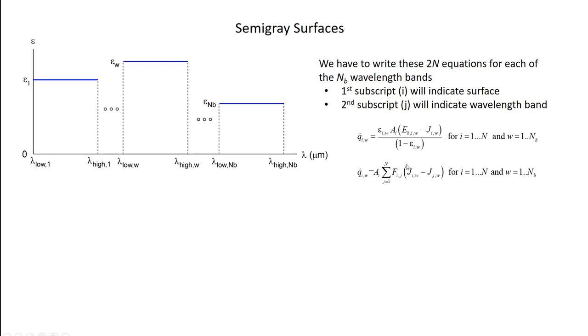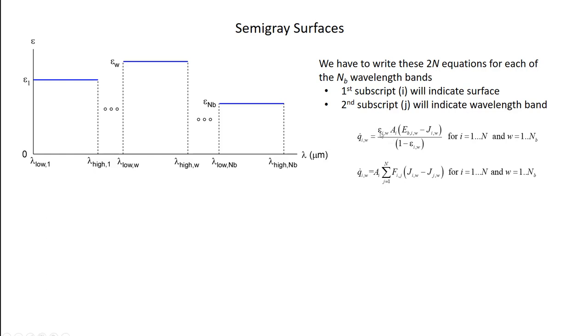So let's start with the easy ones. A sub I, that is the area of surface I. You'll notice that I don't need a second subscript W on this because the area of surface I in every wavelength band is the same, right? I don't need to redefine it over and over again for each of these wavelength bands. The other one is pretty easy to understand, I think, is epsilon IW.